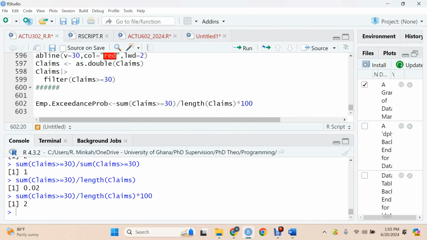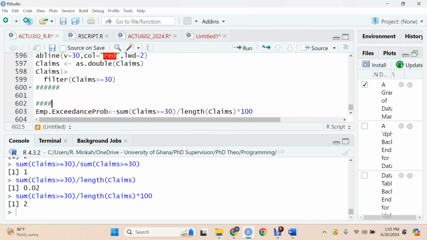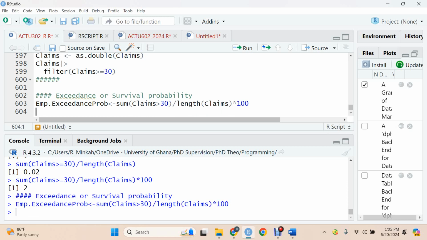So this is an exceedance probability, or survival probability. Okay. Is everybody okay with this? Well, it must be strictly, if I want to put it that way. Okay, exceedance.